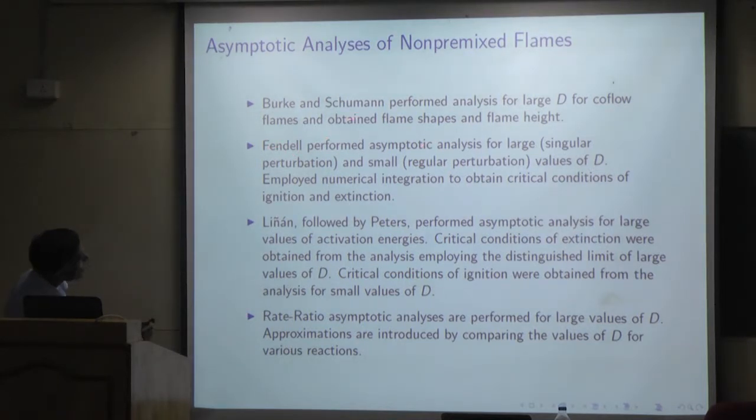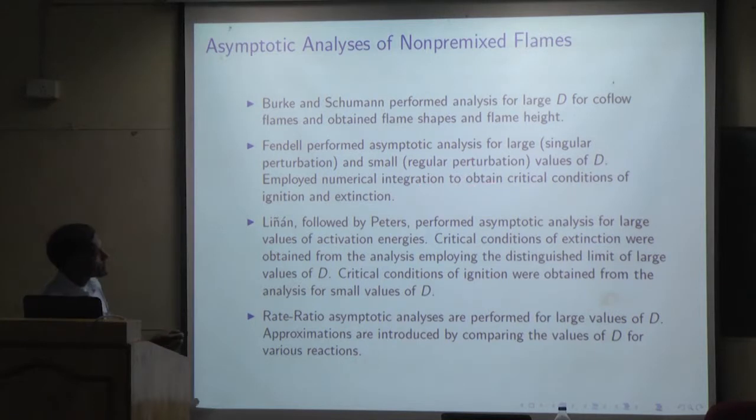Following this, Fendell performed asymptotic analysis, also of non-premixed flames, for large as well as small values of the Damköhler number. So essentially, Fendell's analysis was Damköhler number asymptotics. For large Damköhler numbers, it turns out to be a singular perturbation analysis, and for small Damköhler number, it's a regular perturbation analysis.